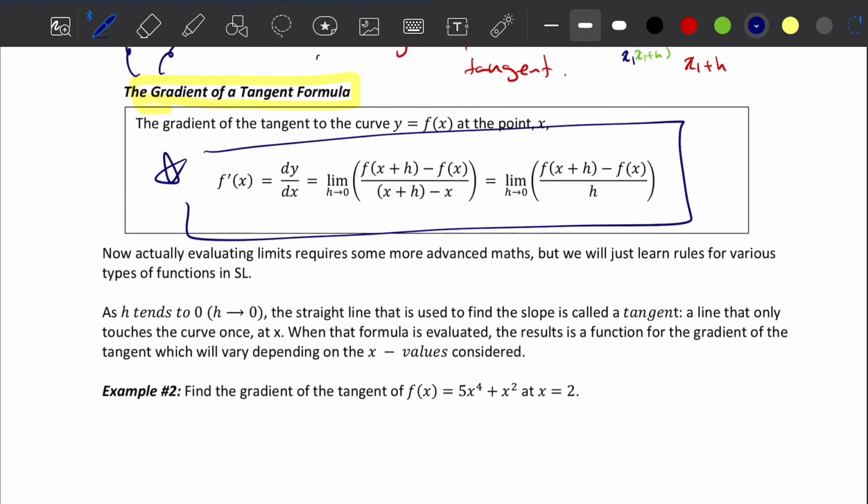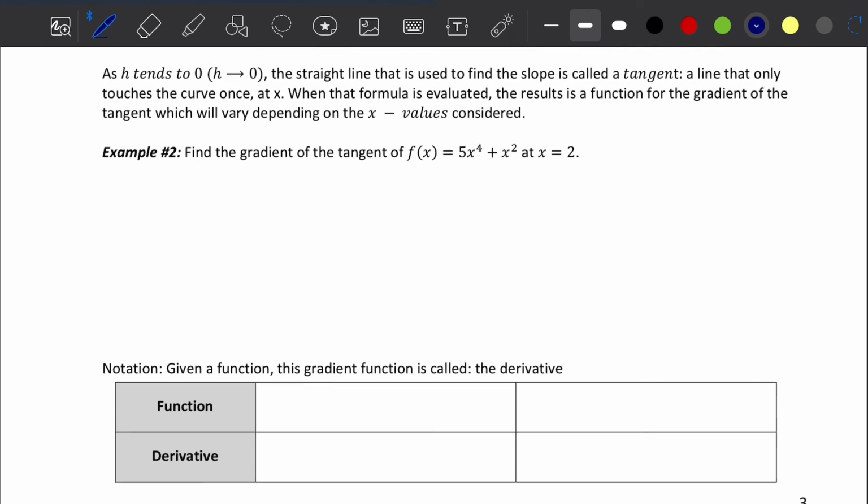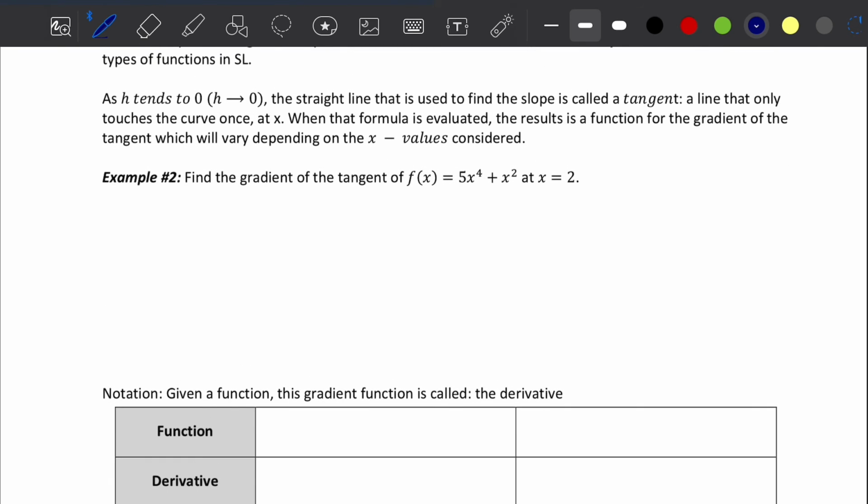So let's try example number 2. I am just going to use the rules of derivatives. I'm going to calculate the derivative of this function f of x. So the derivative of the function f of x is the same as 5 times 4 times x to the power of 4 minus 1, plus 1 times 2 times x to the power of 2 minus 1, right?